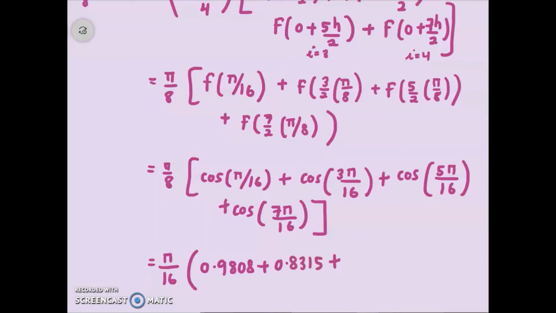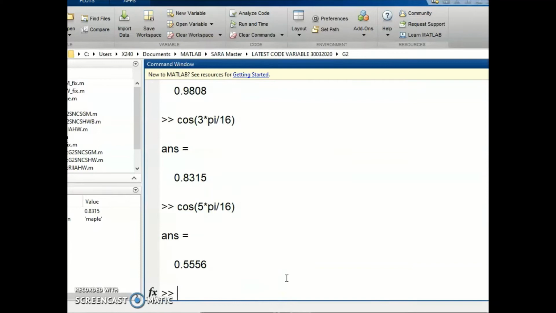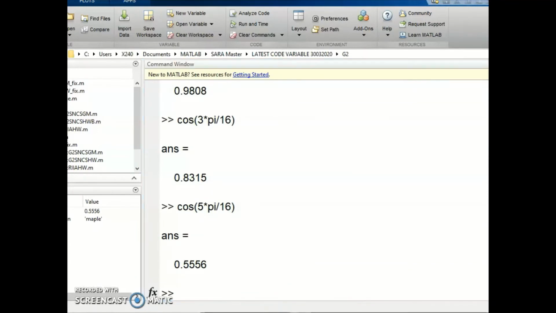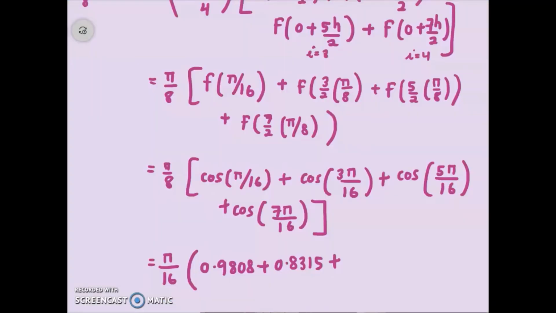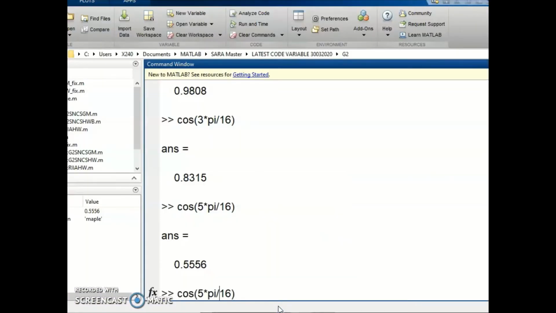Plus cos 5 times pi over 16, 0.5556. And then lastly cos 7 pi over 16, 0.1951.